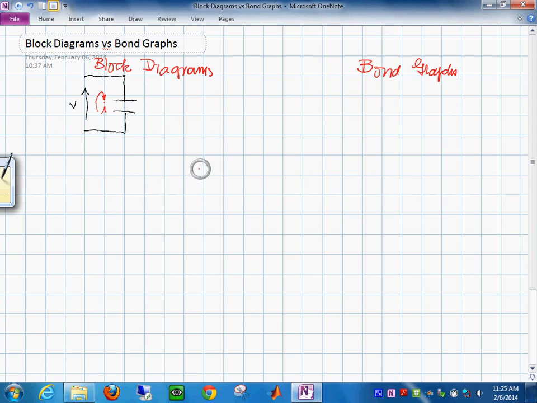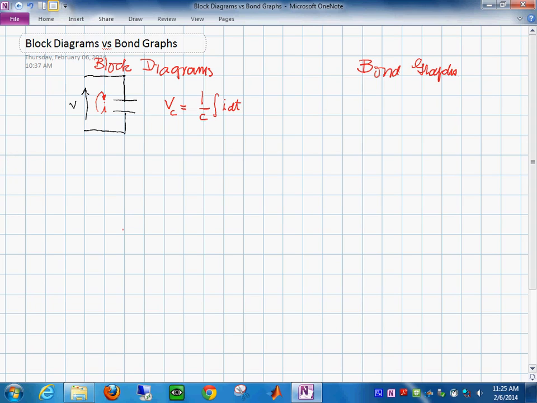Okay, so in this case, isn't it true that I can say that the voltage across the capacitor is equal to 1 over C times the integral of I dt? Let's establish that principle. This comes from our basic concept of what a capacitor does.